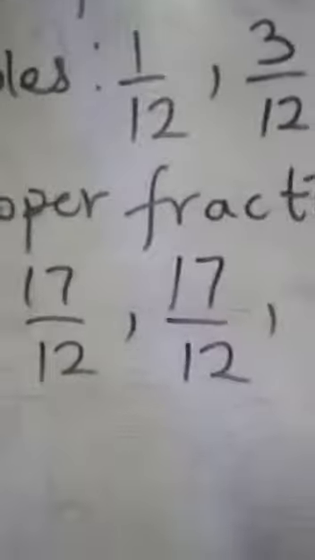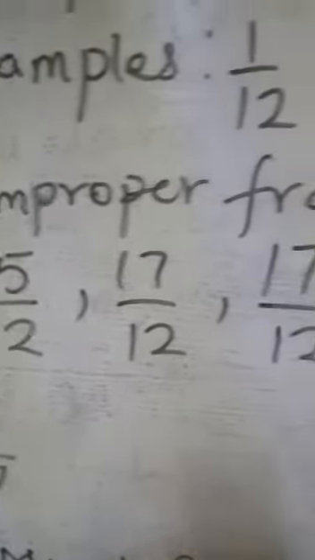Now let us look at our improper fractions and try to see how to generate some mixed fractions from this improper fraction. Let's take, for example, 5 over 3. How to convert improper fraction to mixed numbers, or you call it mixed fractions.